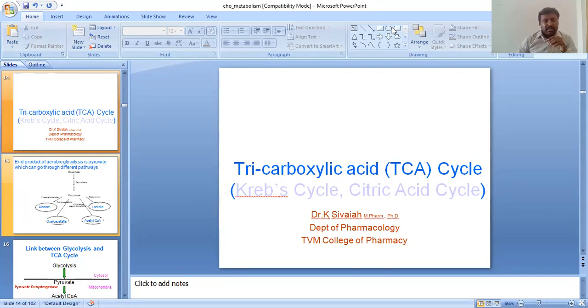Because the scientist Krebs investigated and discovered the tricarboxylic acid cycle. It is also called the citric acid cycle, because in the first step it forms citric acid.